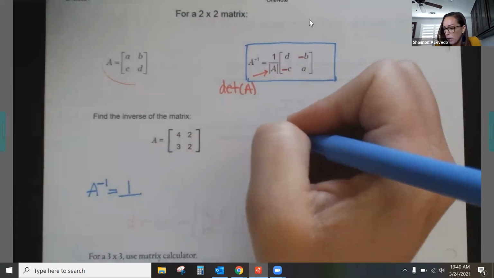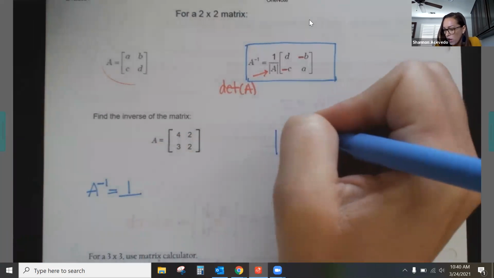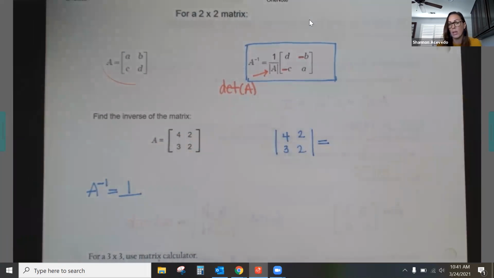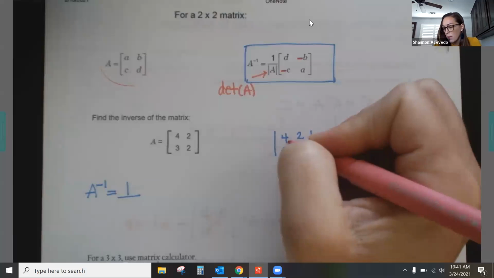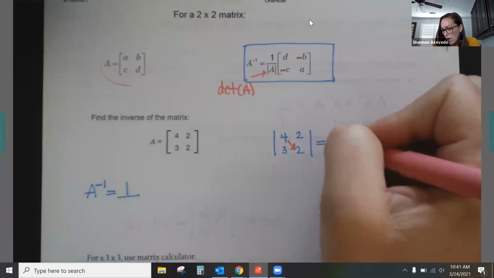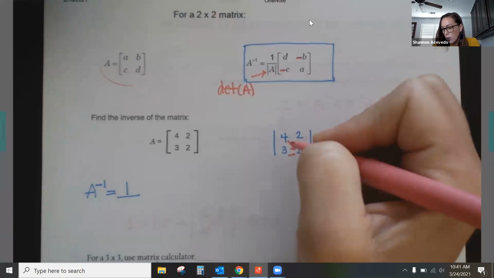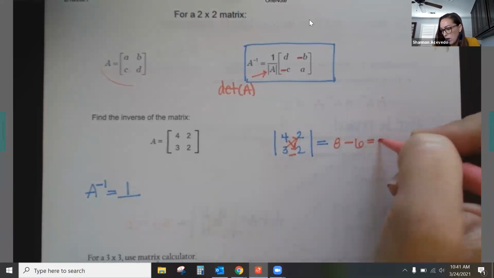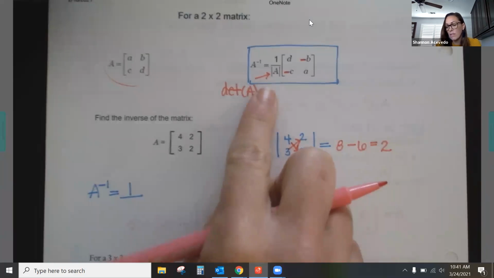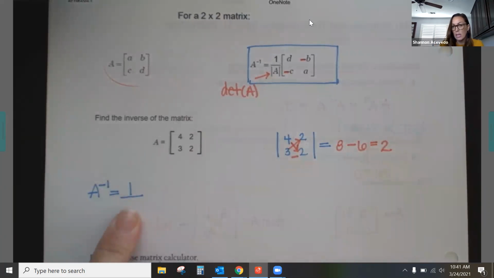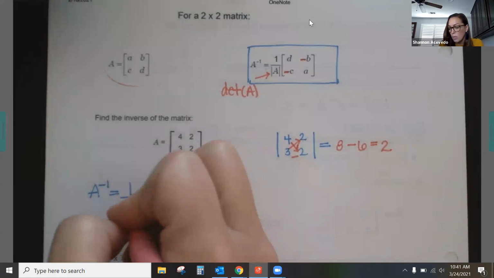So the determinant of [4, 2; 3, 2] is 4 times 2, which is 8, minus 3 times 2, which is 6. So the determinant is 2. So this value here, this determinant, is going to be 2.